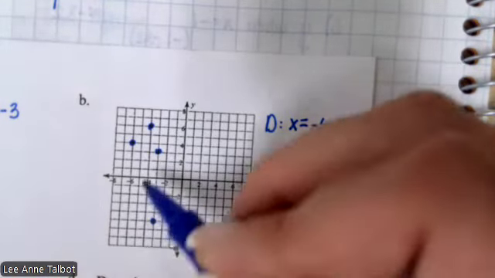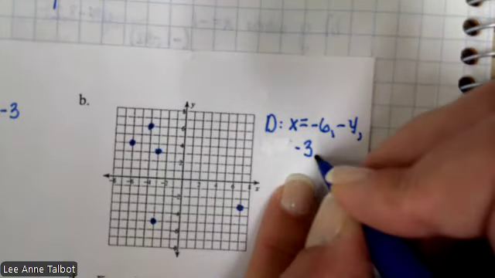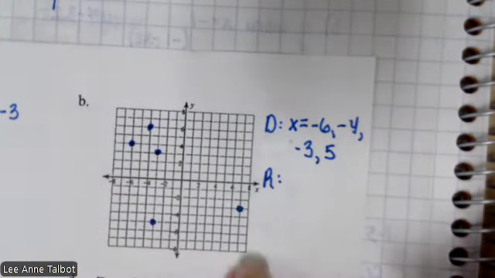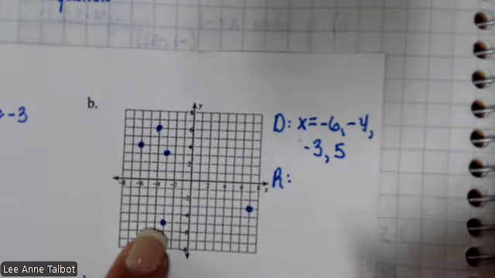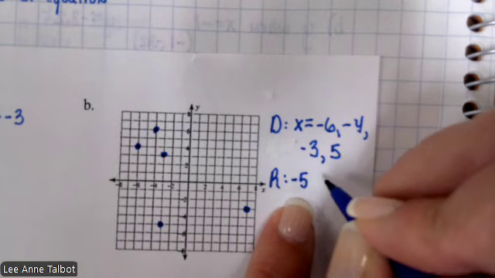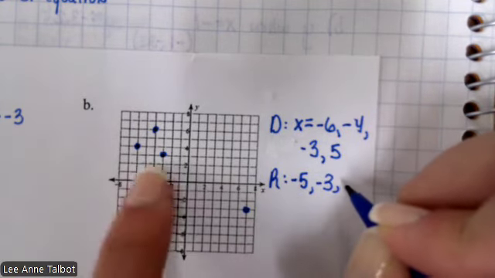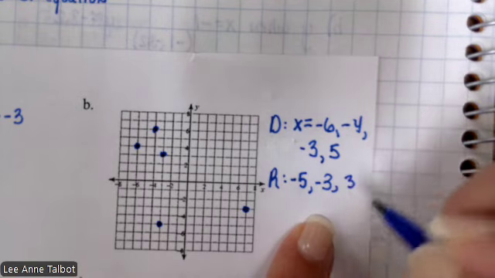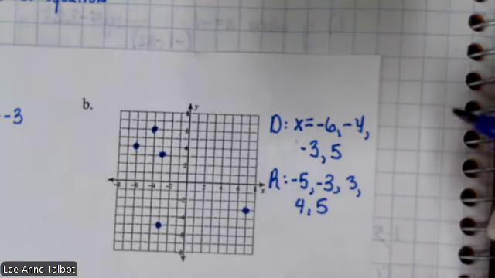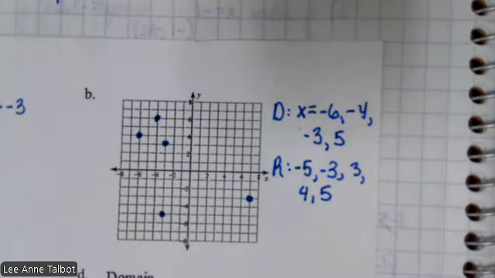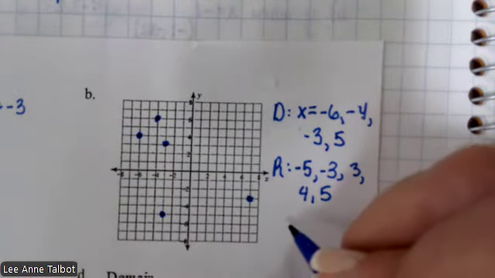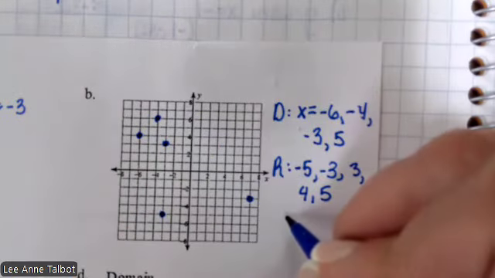And notice there's two of them at -3, but don't write -3 twice. And 5. And then the range is -5, -3, 3, 4, and 5. Okay, and is this a function? No, right there. Look, do you see those two?